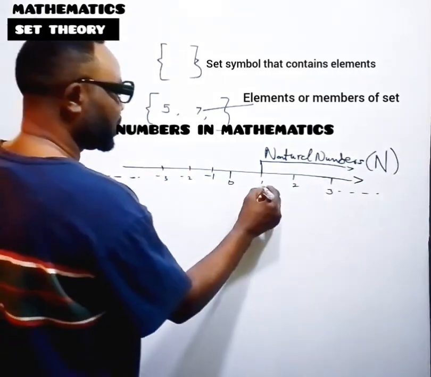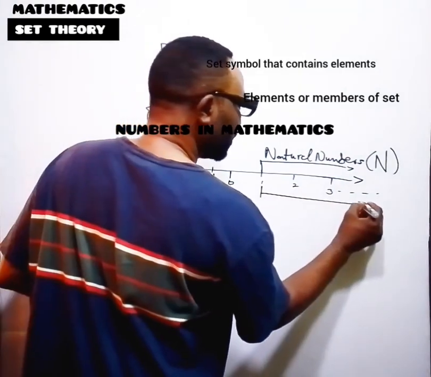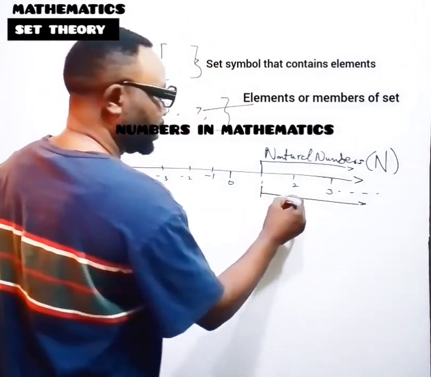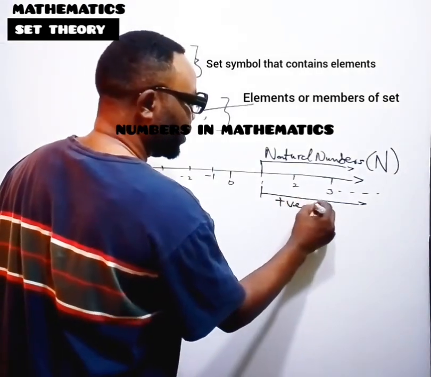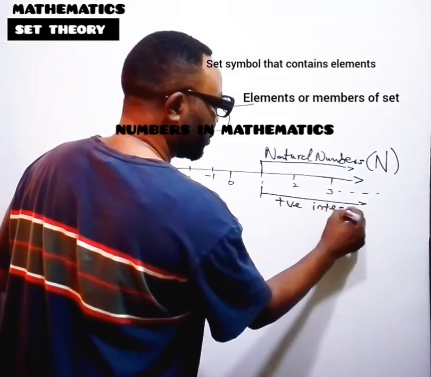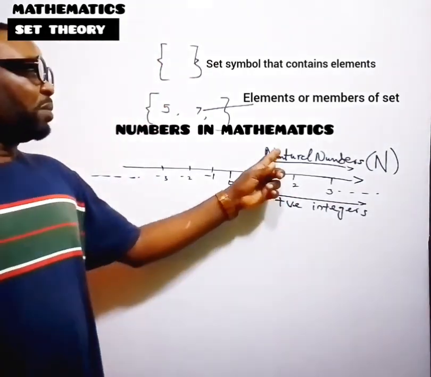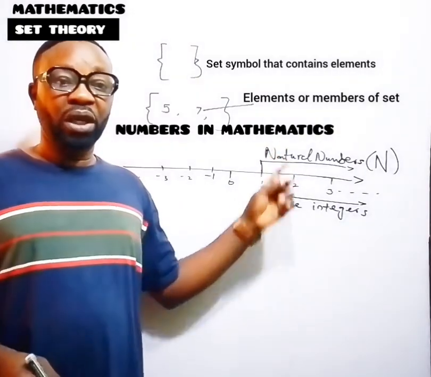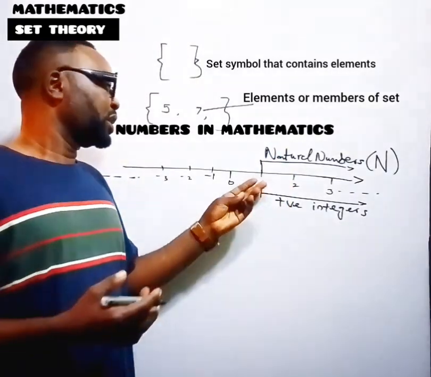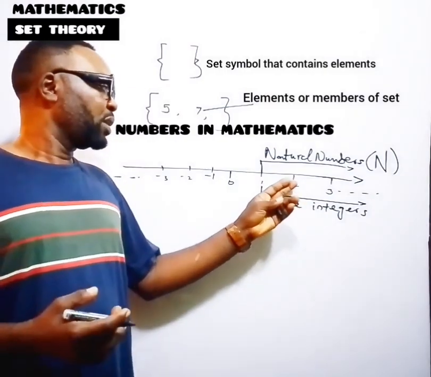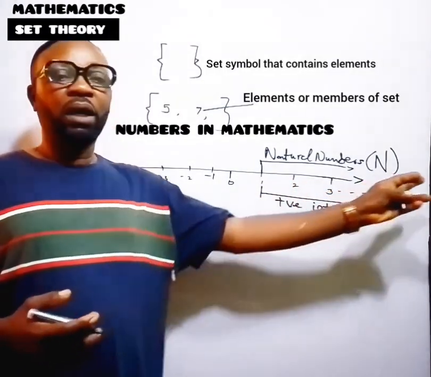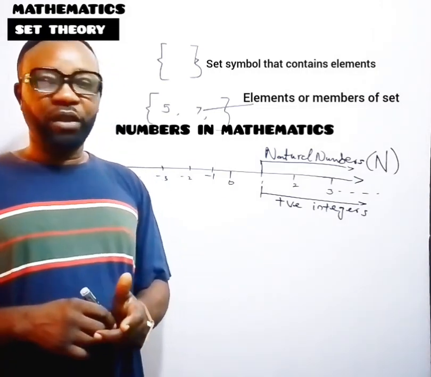Another set of numbers that we have are these, which are called the positive integers. They can as well be related to natural numbers because they are the same figures. They start from 1, also whole numbers, 2, 3, 4, and like that to infinity.